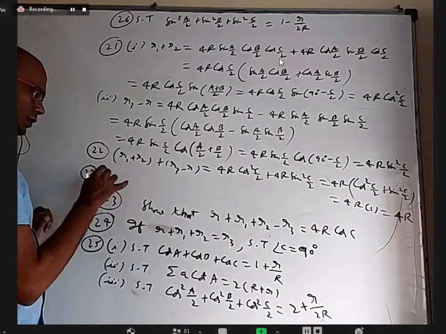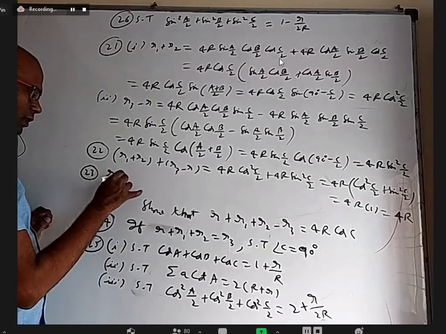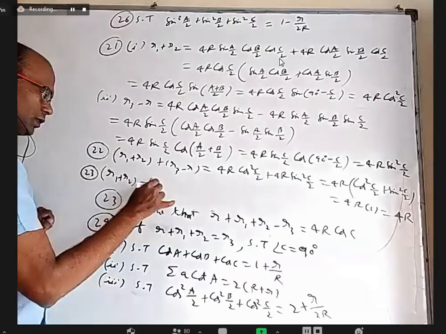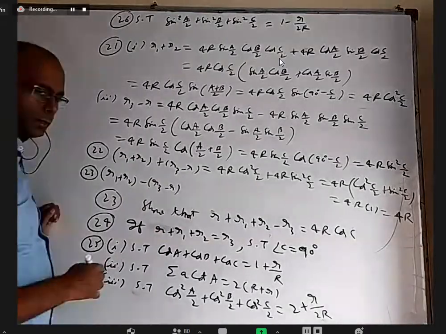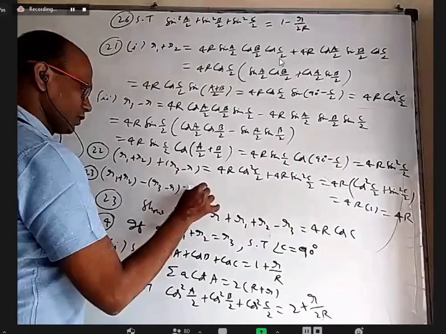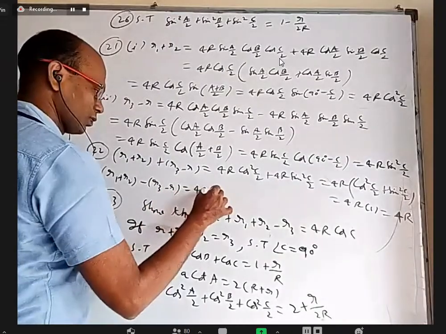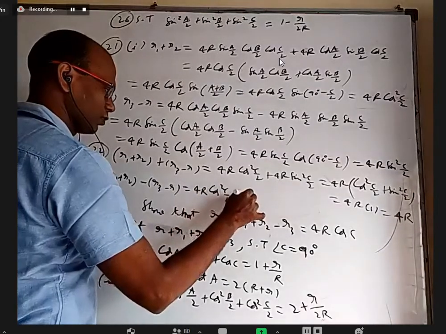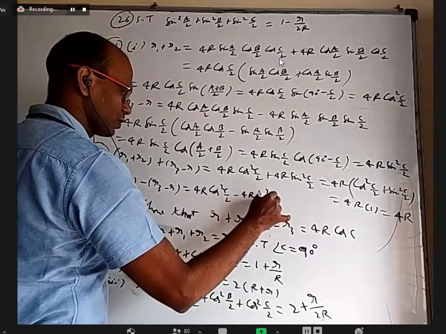23 also is quite similar. It is R1 plus R2 minus R3 minus R. That is 4 capital R cos square C by 2 minus 4 capital R sin square C by 2.